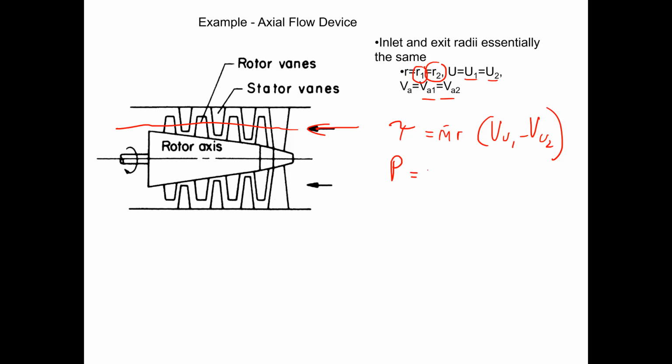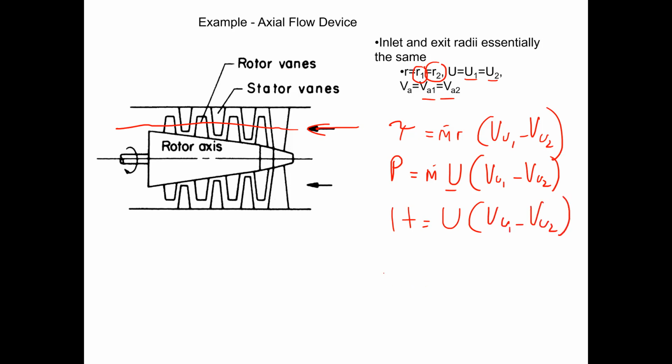Which again, for power, our tangential velocity is the same exiting and leaving. The tangential velocity of the rotor is the same entering and leaving, which of course has an effect on how we quantify head. And then finally, when we compute the reaction for this, we only end up with the relative component of the reaction.